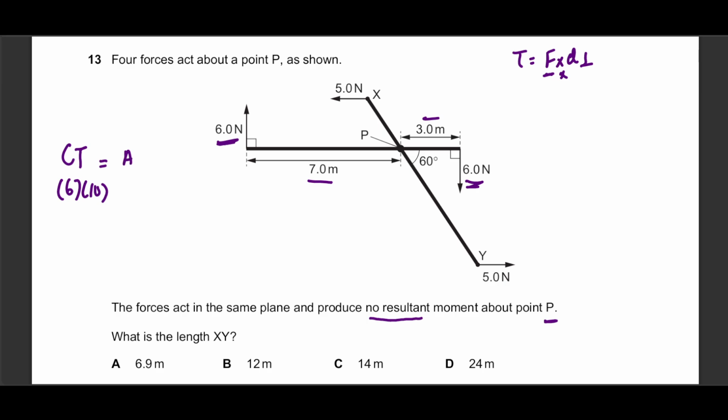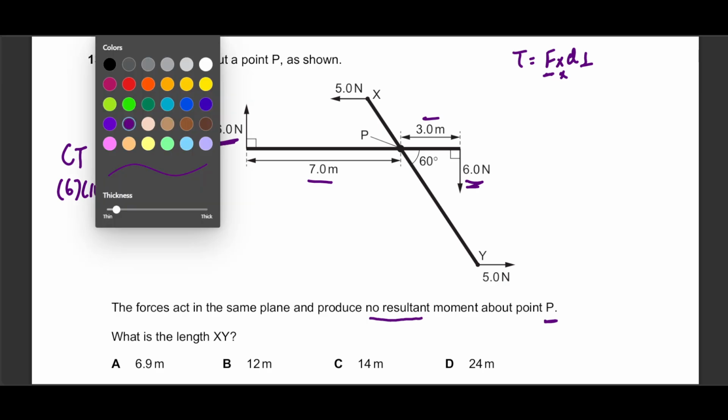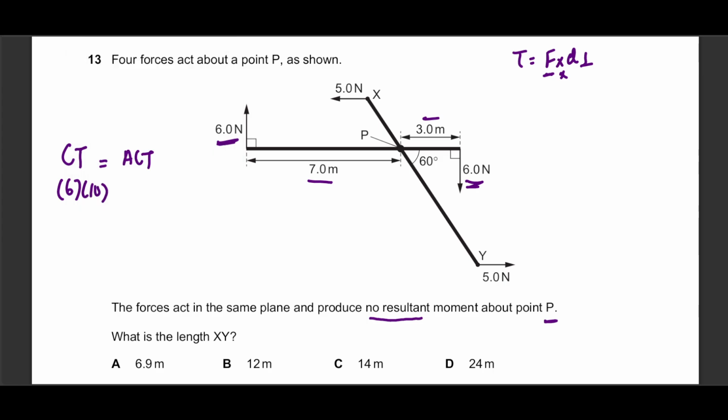Now, the anticlockwise torque is a bit tricky. You see, I can see that the force components are exactly given to me, and they are exactly the same. I can incline towards using the torque equation. So the force component will definitely be 5, but I'm not sure about the distance. The distance is a bit confusing.